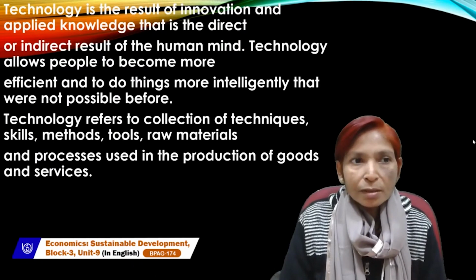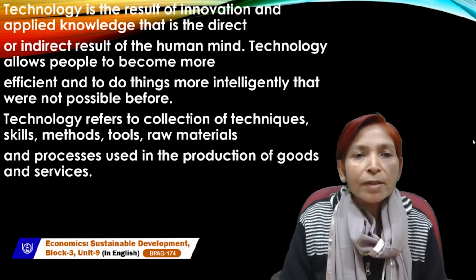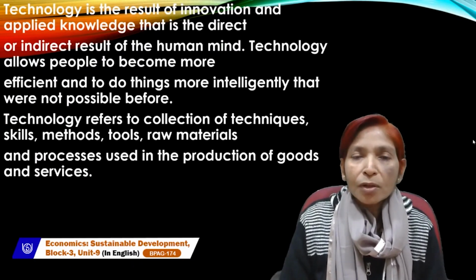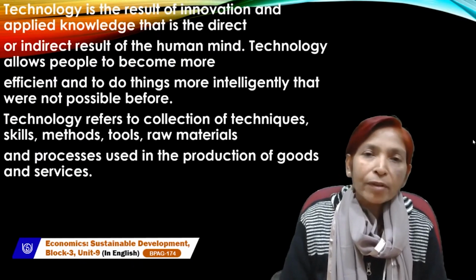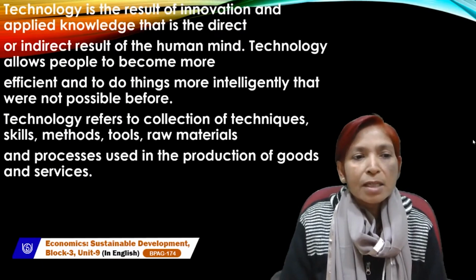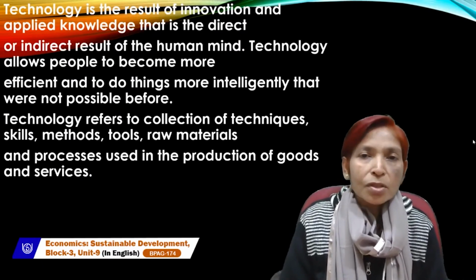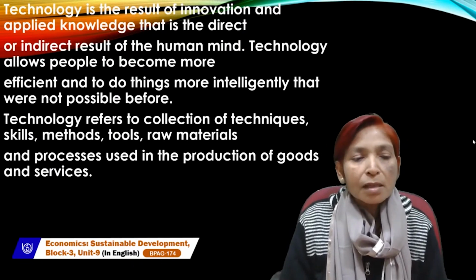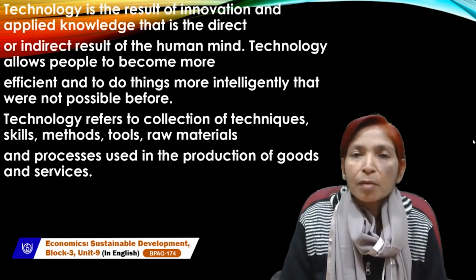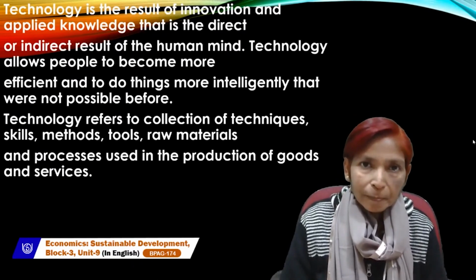Technology is innovation and applied knowledge, the direct and indirect result of the human mind. It allows people to become more efficient and to do more things intelligently and in a skilled manner.